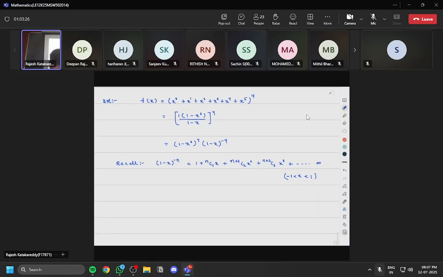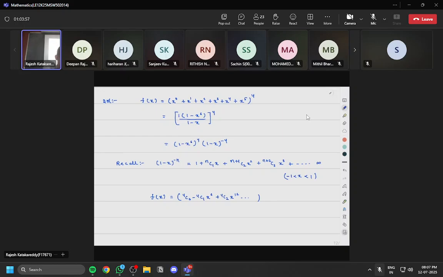Now, using that we are expanding, we get f of x is equal to... This one anyway you can directly do, that is 4C0 minus 4C1 into x power 6 plus 4C2 into x power 12 and so on. I don't want more than this. If you multiply x power 12 with x, you are going to get x cube or x power 12 only.